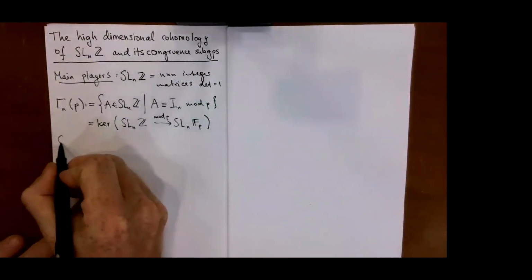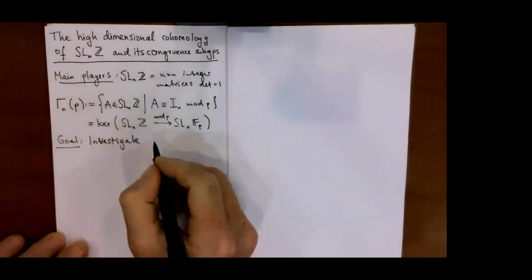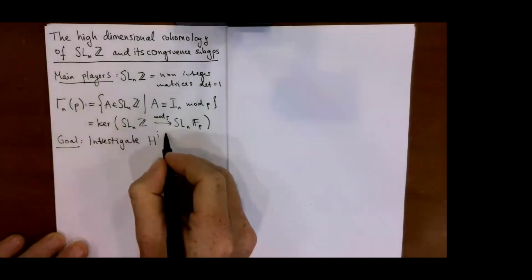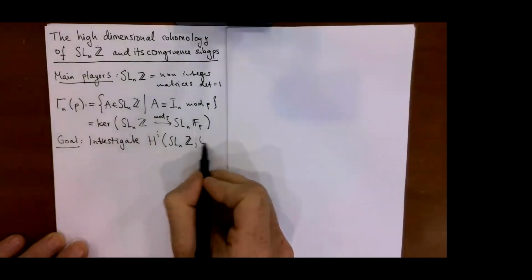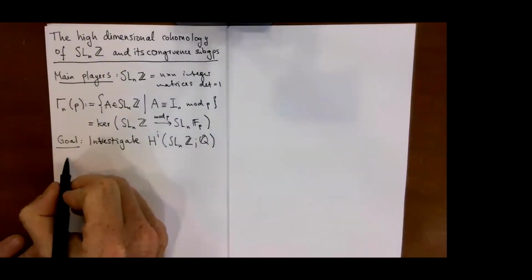These are two groups that we're going to consider, and what do we want to do with these groups? We want to investigate the high cohomology of these groups, with Q coefficients, with trivial coefficients. For the congruence subgroups, we can probably even say something integrally because they're torsion free.